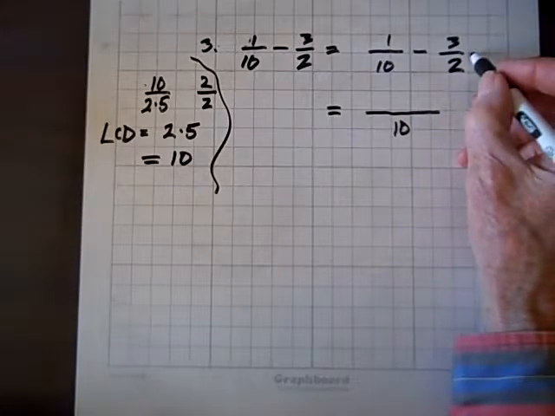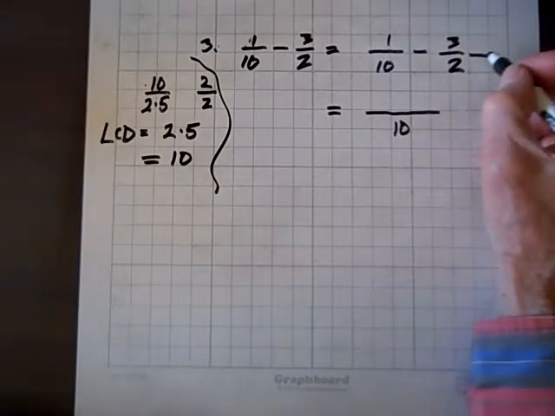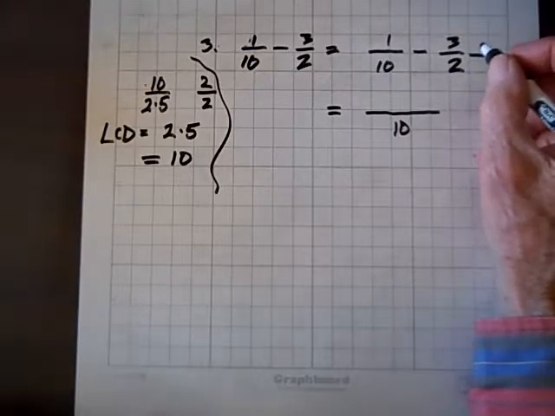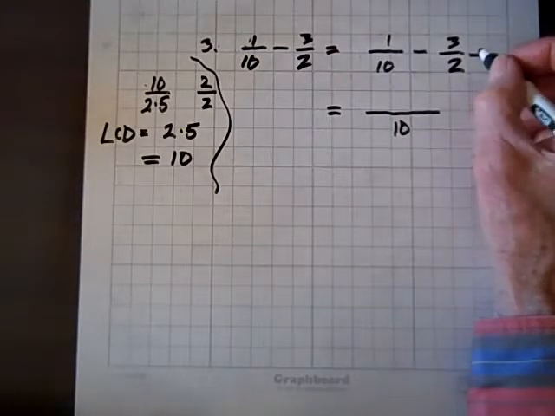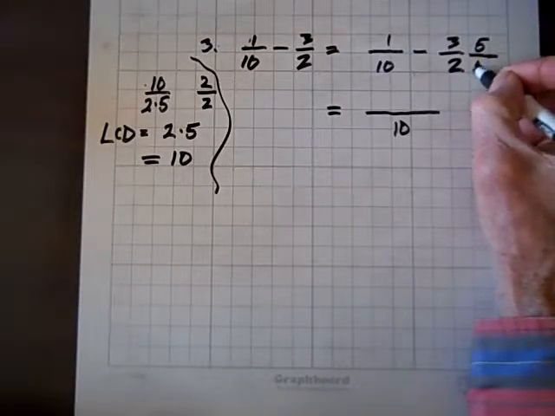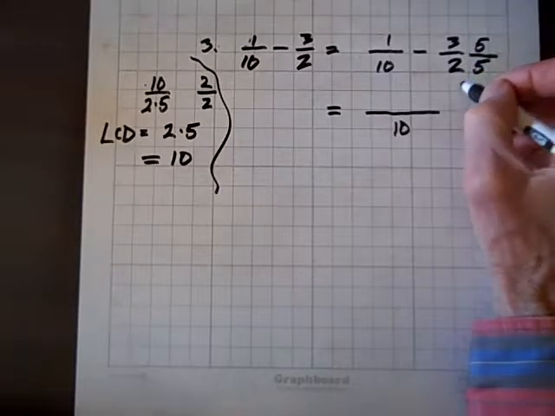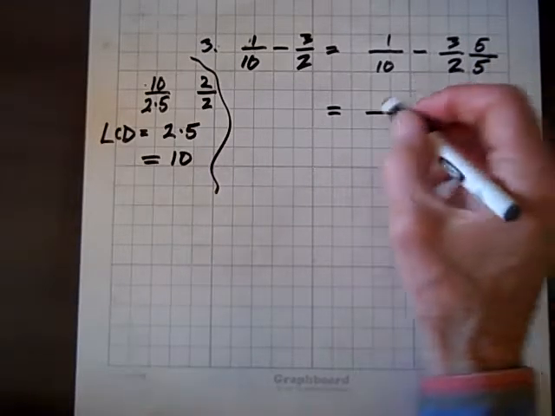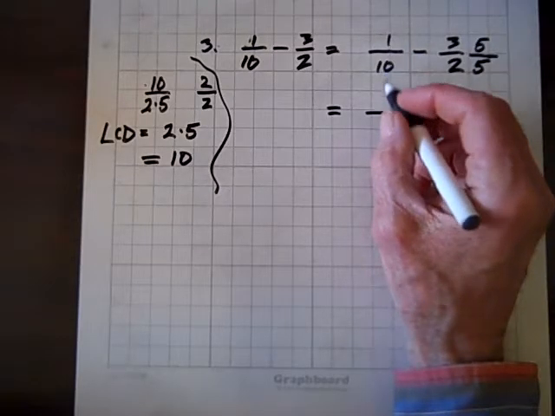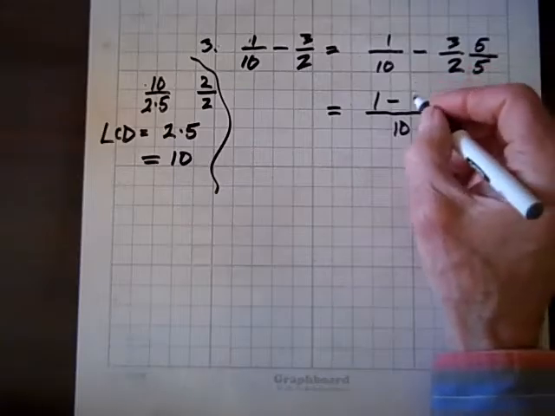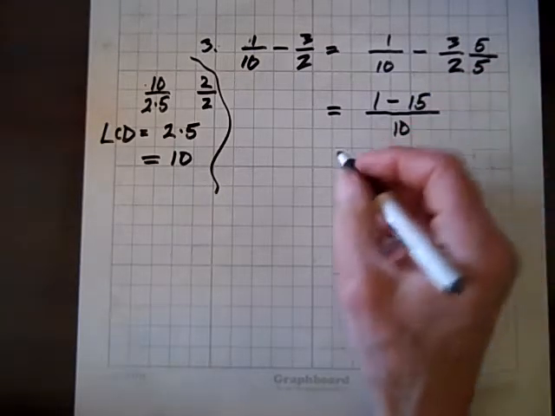But we don't have a 10 here. So we can only alter this by multiplying by 1, but 1 in the form of our choice. So one way to write 1 is 5 over 5. And notice 2 times 5 is 10. So now we have that common denominator. This already has it, so we have a 1 there, minus 3 times 5, which is 15.